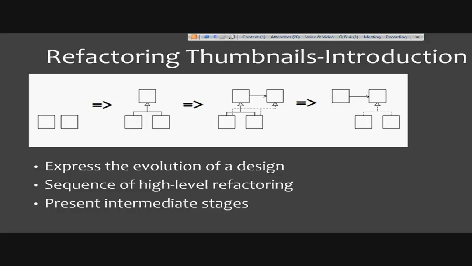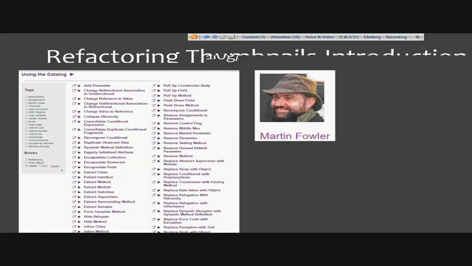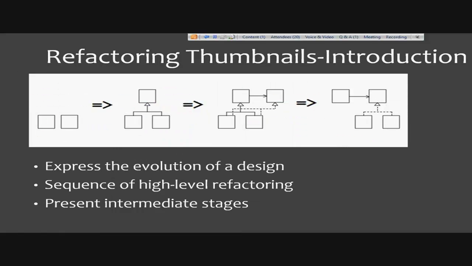It's an almost forgotten technique in refactoring, so you will not find much material on the internet about it, and very few people are practicing it. But it is very easy, and if you try to understand the entire catalog through thumbnails, it will be very easy for you to understand all these catalog techniques.